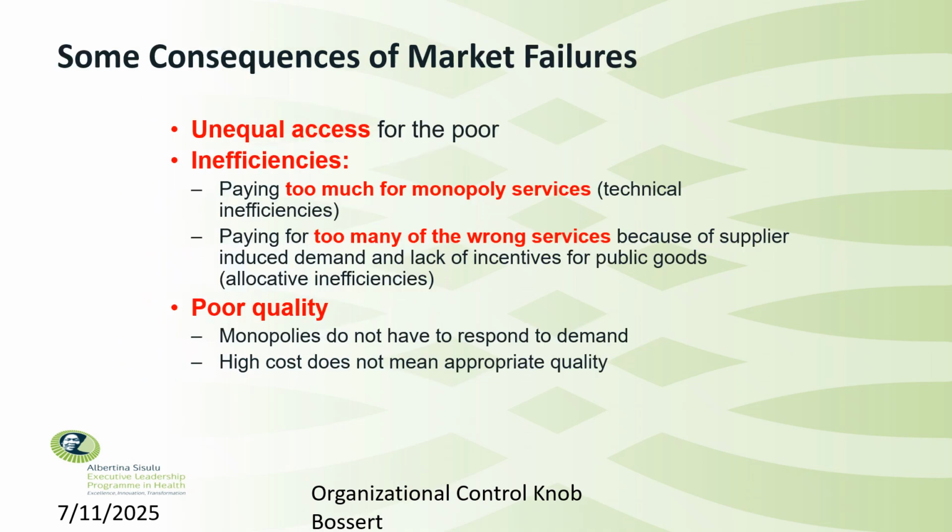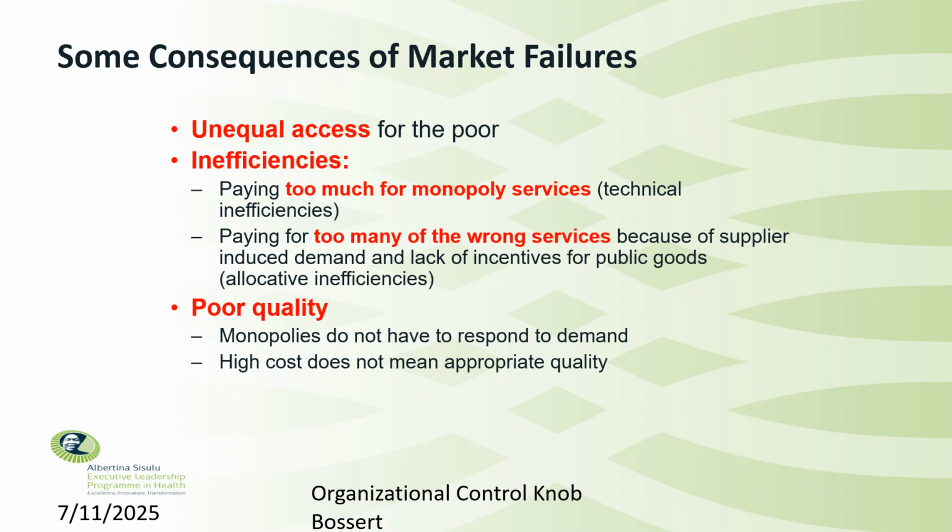So what happens when markets fail? In this case, let's look at the example of South Africa, where you have the private health sector and the public health sector. If we're talking about the argument of saying, let the private sector provide healthcare for everybody, we know that the market is going to fail, as we've just highlighted, and that's going to result in unequal access for the poor, because the poor can't afford to pay for healthcare.